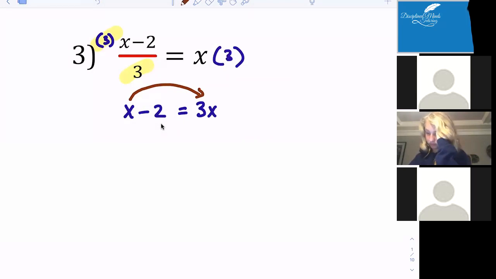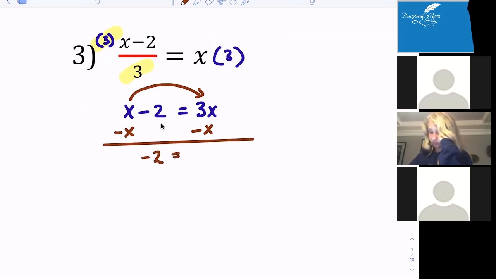So the quickest way is to subtract x from both sides. Now I have negative 2 is equal to 2x. And now when I divide both sides by 2, x equals negative 1.